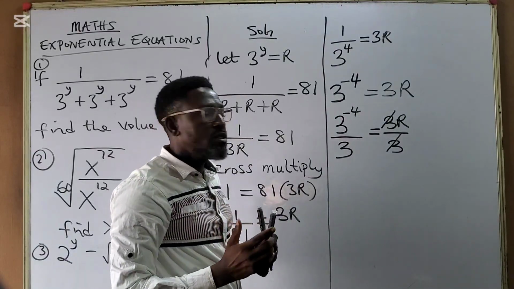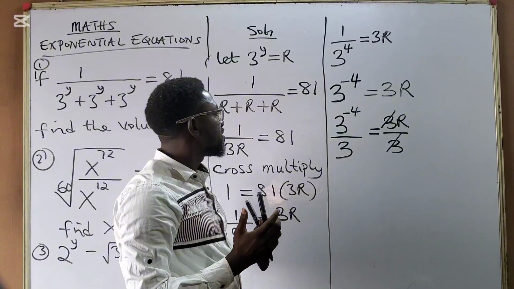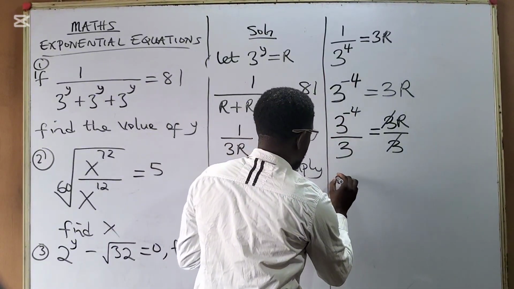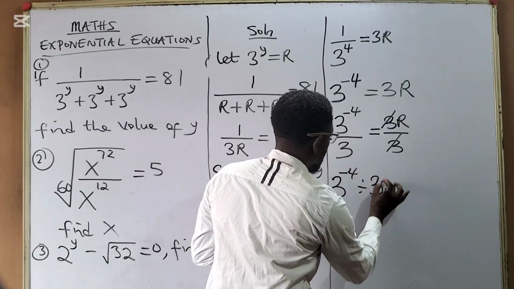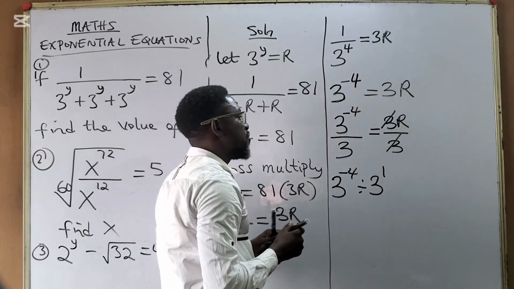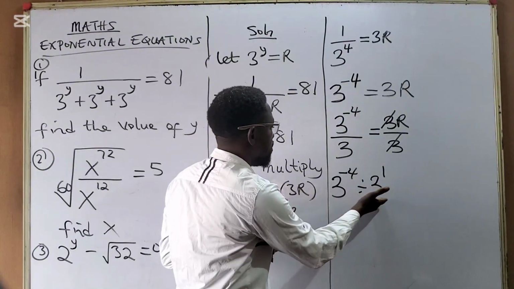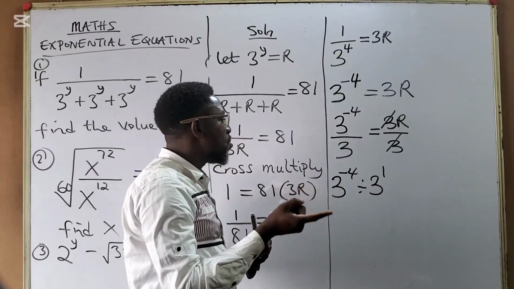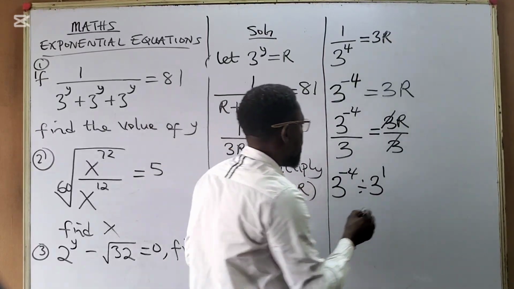Based on what we did on exponents, that should be the second rule of exponents. We can write this one first as 3 raised to the power minus 4 divided by 3 raised to the power 1. If you apply that second rule of exponents, it says if the bases are equal, we take one of the base and then we subtract the powers.